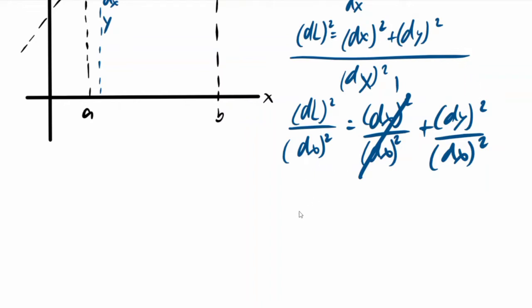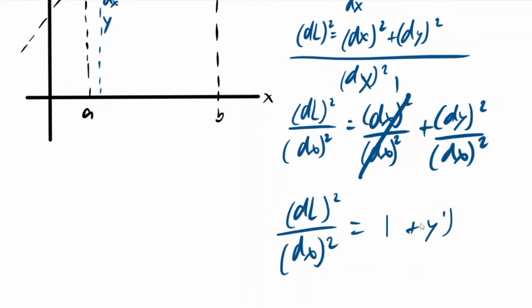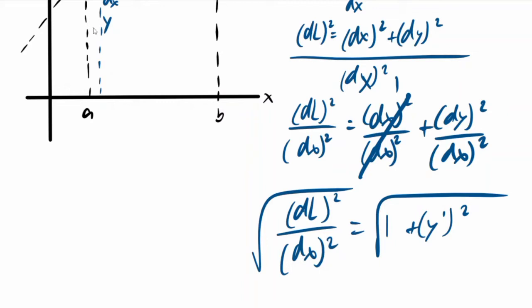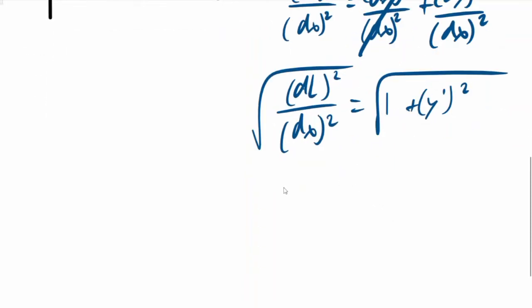So what we'll have here is dl squared all over dx squared equals 1 plus y prime squared. Now to get rid of the square on this side, we will put a square root. So what we have left is dl.